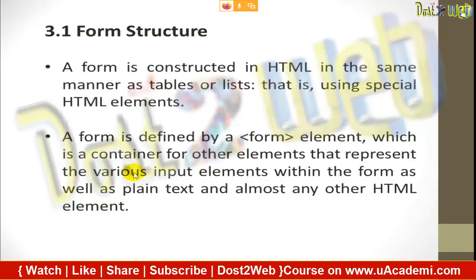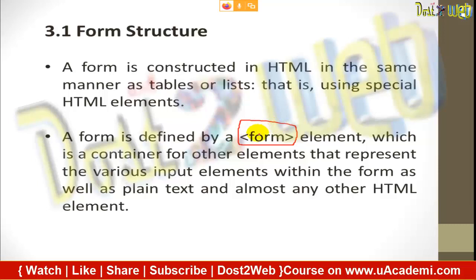What will the form structure be? The form structure in HTML is similar to how you used the table or the list, but you are going to use some special HTML elements. Which HTML element will we be using? We will use the form element. Whenever you want to create a form, you have to use the element called form.